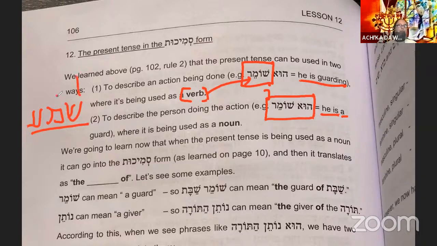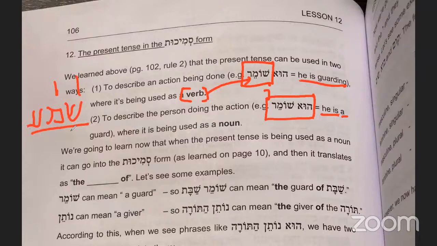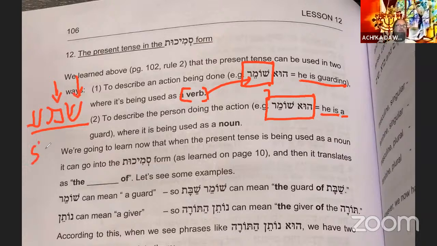Sha. Shema. The last letter is silent, but it's shema. I don't have any vowels in there, but when you see it by itself like that, that's shema. If I put this dot over here like that, it would be shomeah.